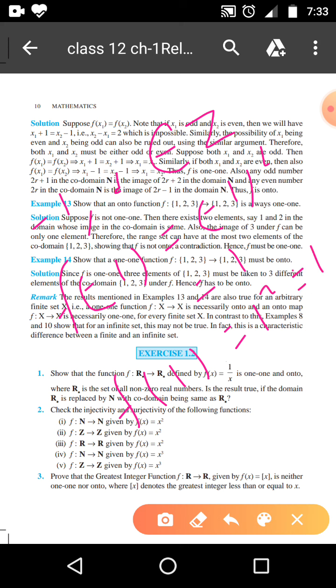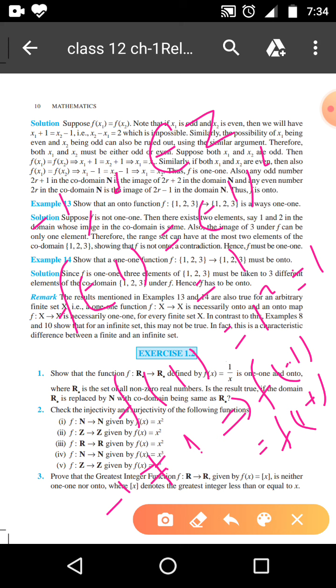So you can see minus 1 does not equal plus 1, but f(-1) is equal to f(1). So this is not injective, that is not a one-one function. Why? Because minus 1 does not equal 1, but f(-1) is equal to f(1). This means x1 does not equal x2 instead of f(x1) equal to f(x2). So this is the contradiction of the definition of a one-one function.